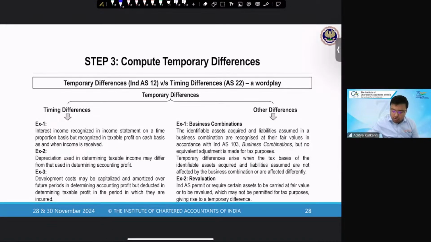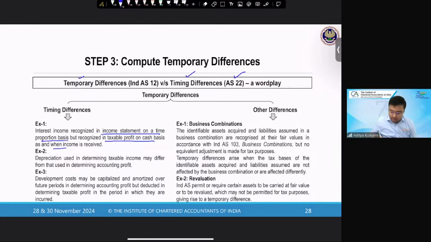AS22 used the word timing differences. Ind AS 12 uses the word temporary differences. सिर्फ word play है. The impact is the same. Examples of timing differences: interest income recognized in the income statement on a time basis, but recognized in taxable profit on a cash basis.